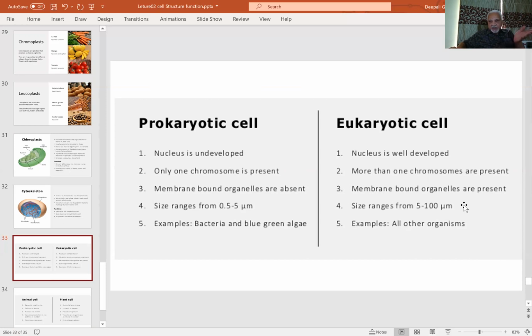As I mentioned, examples for prokaryotes are bacteria, and eukaryotic cells are all over, from plants to animals. Okay. So these are the differences between prokaryotic and eukaryotic cells.